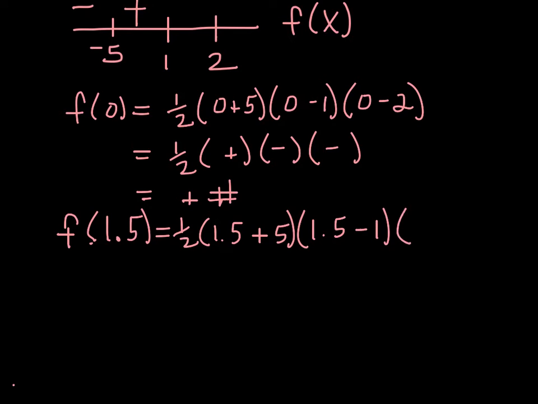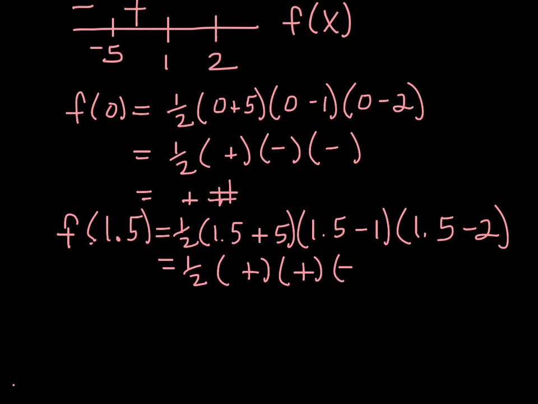And then in the last parentheses, 1.5 minus 2. And again, just looking for the signs. So this 1/2, we know that's positive, so that's just coming along for the ride there. Here we have a positive. Here we have also a positive. And this last one, we have a negative. So positive times a positive times a negative will be a negative.